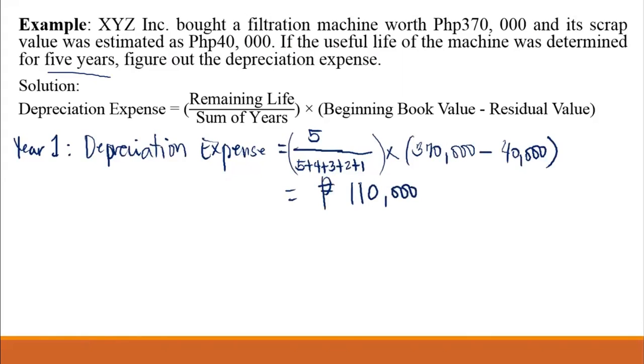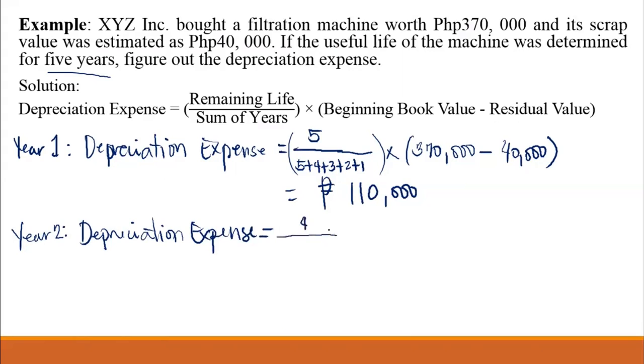Okay? And then, how about sa year 2? Ano naman yung depreciation expense niya? So yung from 370, bumaba na siya ng 110 on the first year. Okay? So on the second year na, syempre, bawasan na natin yung remaining life niya, which is 4. Alright? And then, 4 plus 3 plus 2 plus 1 naman siya. Ganon.